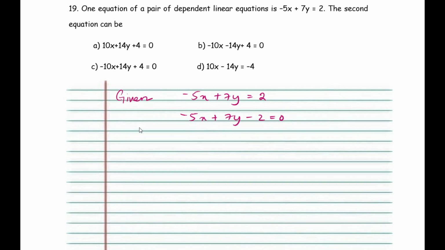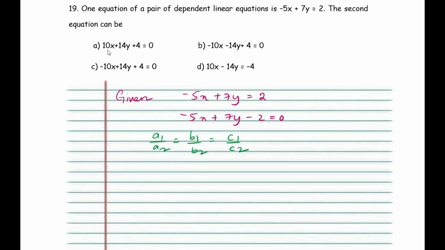Now dependent linear equation means the lines are coincident, that is a1 by a2 is equal to b1 by b2, which is equal to c1 by c2. Now check the options so that all the ratios are equal.